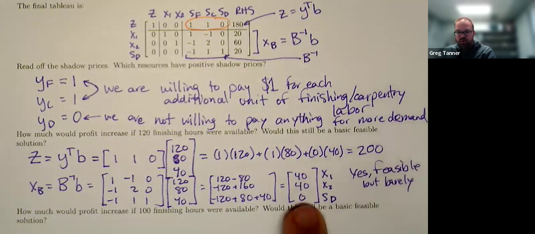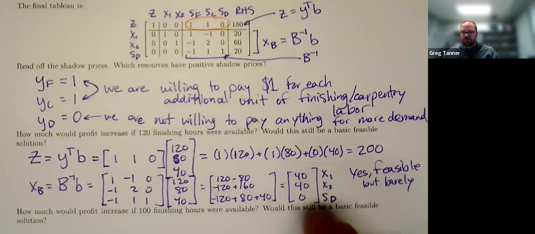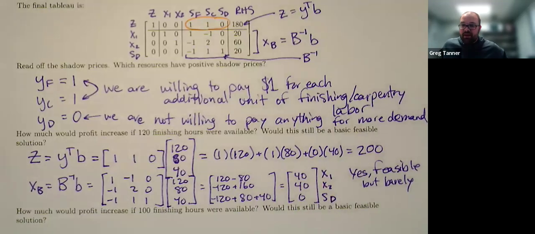If we increase it any more, this slack for demand goes negative, because at this point we're fulfilling all 40 units of soldiers. So we're maxing out the demand for soldiers. And if we were to increase the supply of finishing hours, we'd run into that constraint. And now the demand for soldiers would be limiting us.